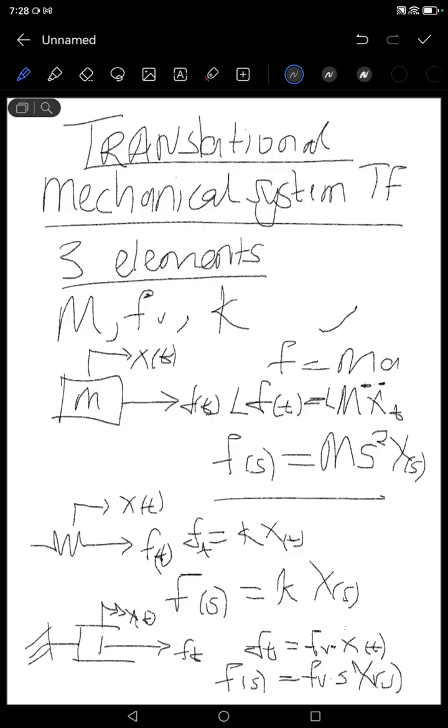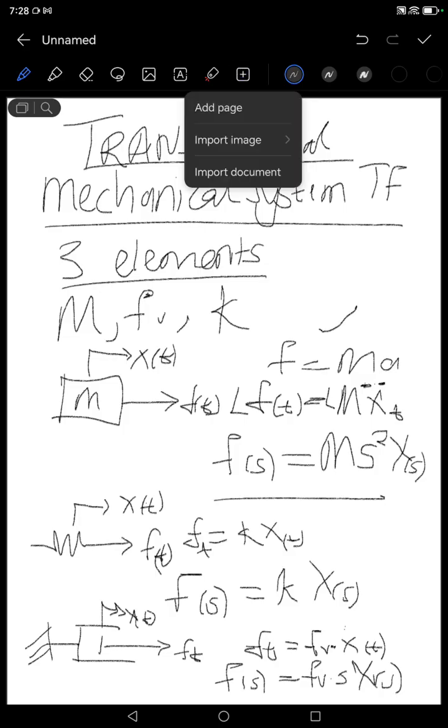What you have to do is draw the free body diagram and then do the equation of motion. After doing the equation of motion, you make X of s over F, and substitute the formula. So let's do an example of this translational mechanical system.